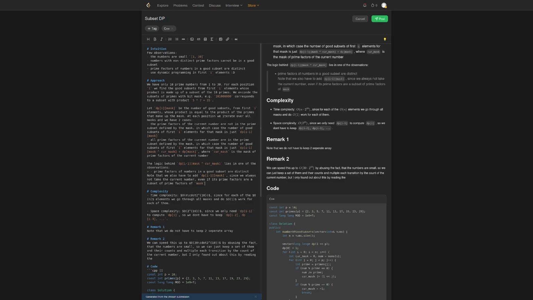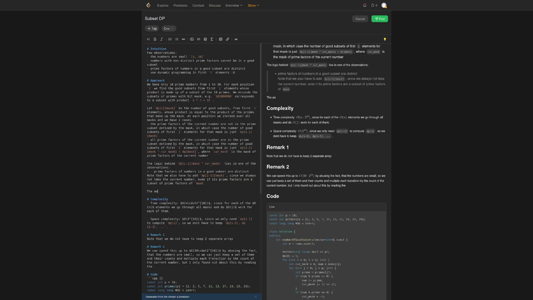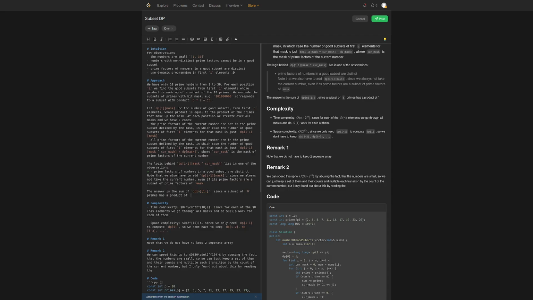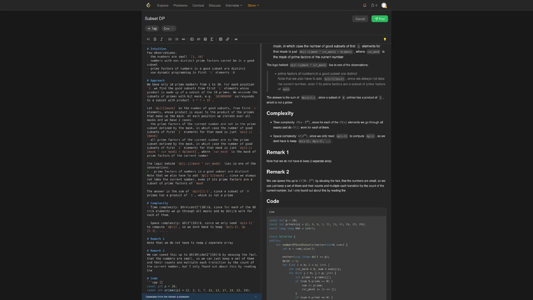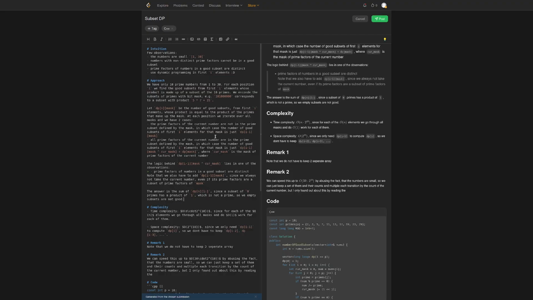The answer is then the sum of dp, and 1, since a subset of 0 primes has a product of 1, which is not a prime, so empty subsets are not good. Fair enough.